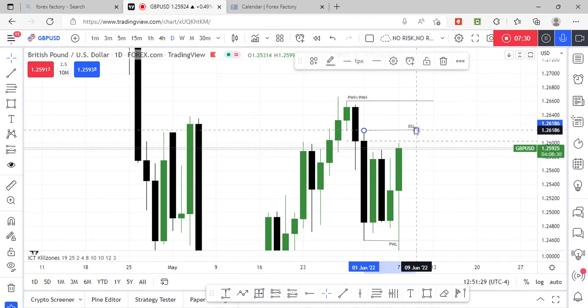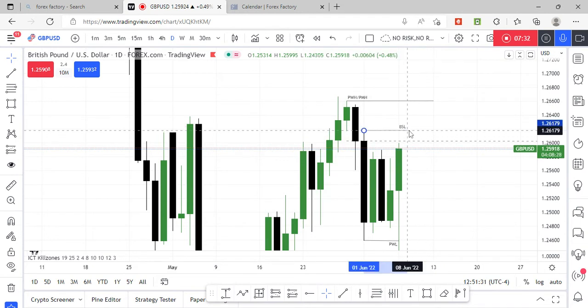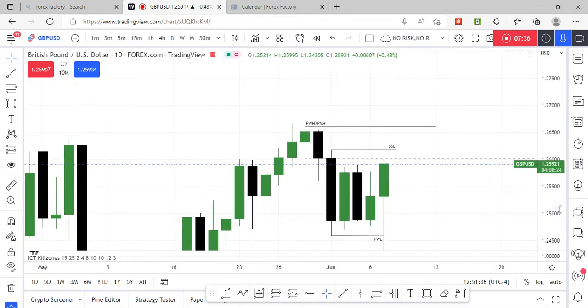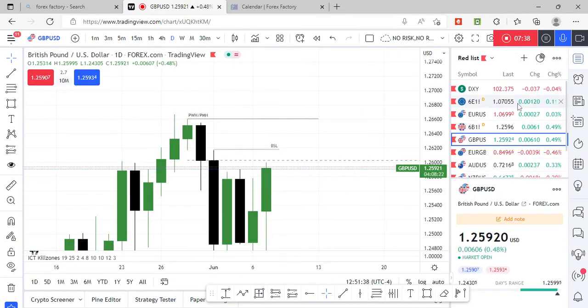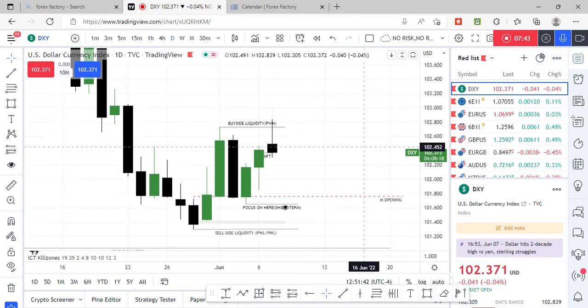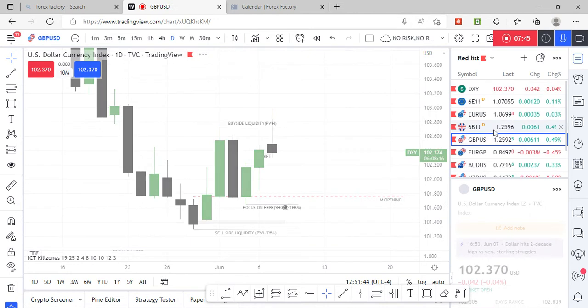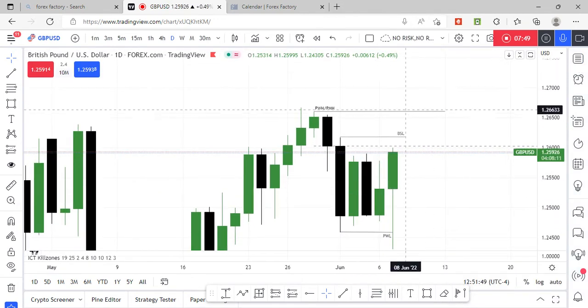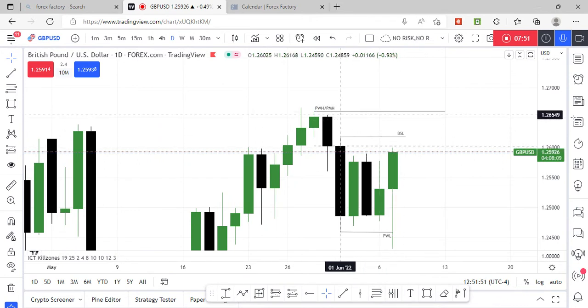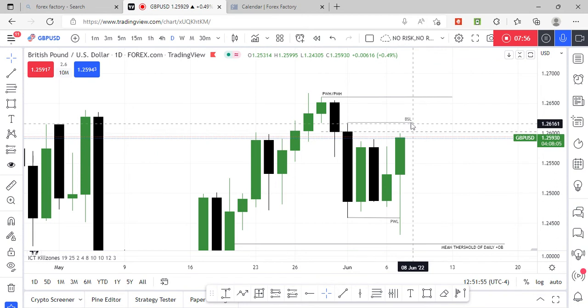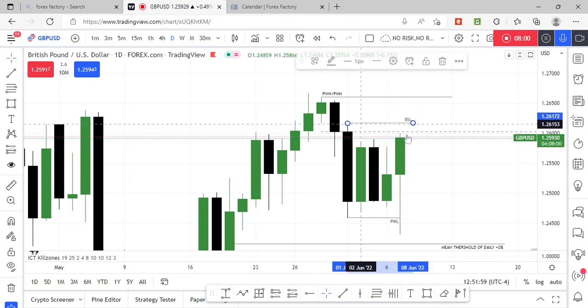This is the next down liquidity for GBP/USD. If price in the dollar index clears this low, GBP/USD price will clear this high, and maybe we can expect price may clear this previous month high also. For short term, we can expect price will reach this buy side liquidity.